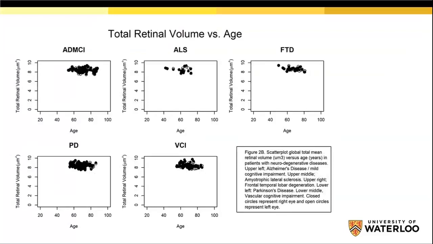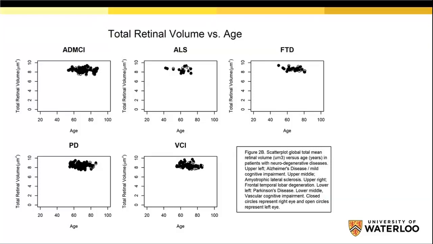There's a slight slope, if we put best fit lines, that is higher on the left and lower on the right across those 5 diseases. But we need to look at controls before we can say too much about that and decide whether the slope of the line in controls is the same as in the various NDDs that we have here.